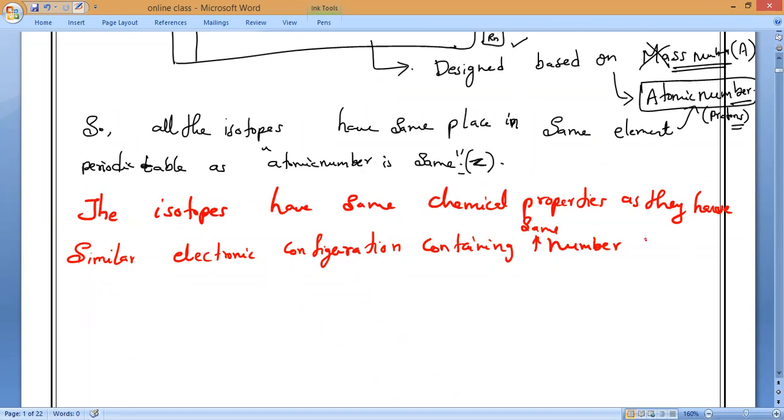Johan, are you writing? Same number of valence electrons.